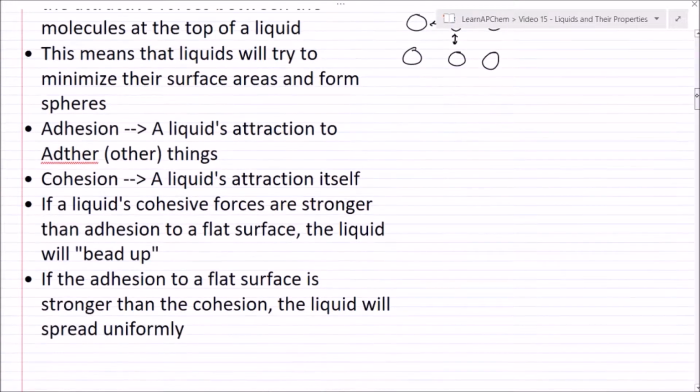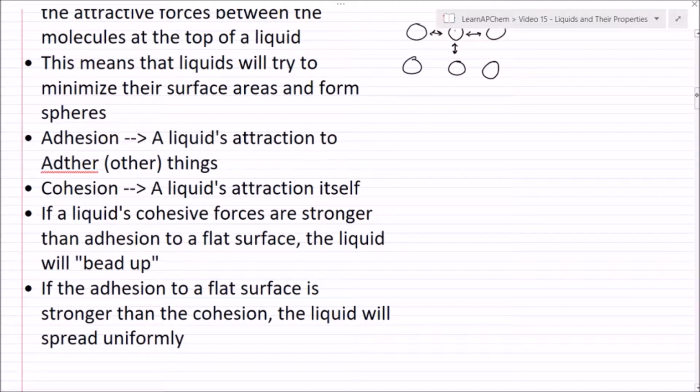Now, if a liquid's cohesive forces are stronger than adhesion to a flat surface that this liquid is on, the liquid will bead up. So here our cohesion is stronger than our adhesion. Now, if our adhesion is stronger than the cohesion, our liquid will spread out evenly. So that's just something to know and be familiar with.